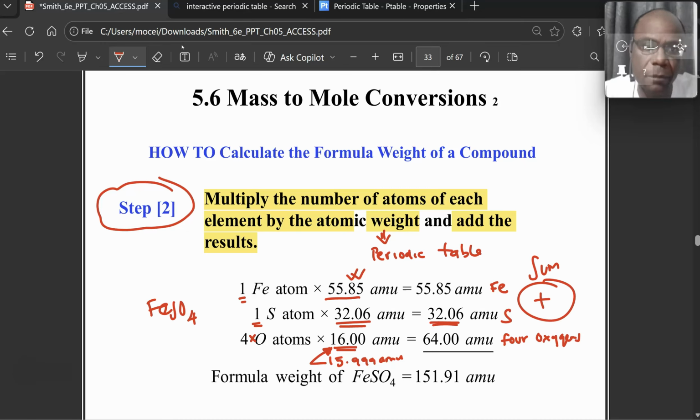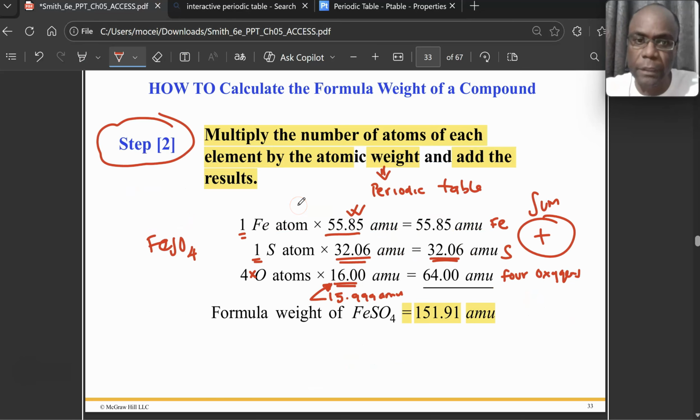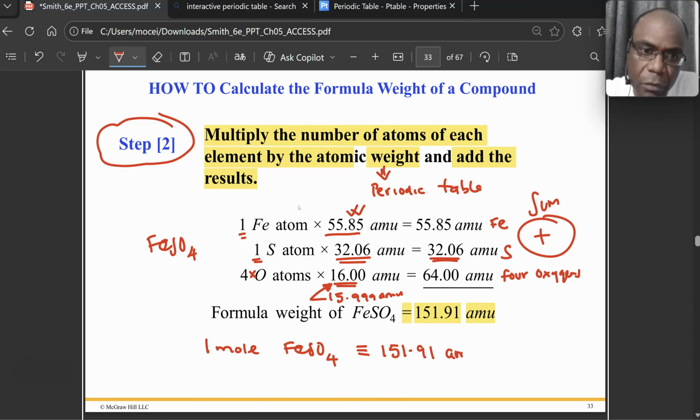Then we are told in this step to add them up, do the sum. The formula weight is just the sum of all those, to be 151.91. So in this case, we say that 1 mole of iron 2 sulfate relates to 151.91 atomic mass units, which is just 151.91 grams of iron 2 sulfate.